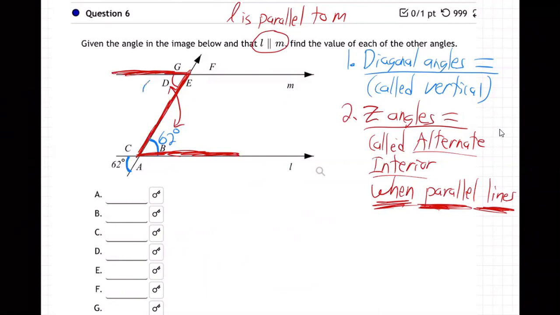So therefore, D has got to be 62 also. The 62 is spreading around. Why? Because those are Z angles, technically called alternate interior angles. I should add that word. Now let me show you why they call those alternate interior.